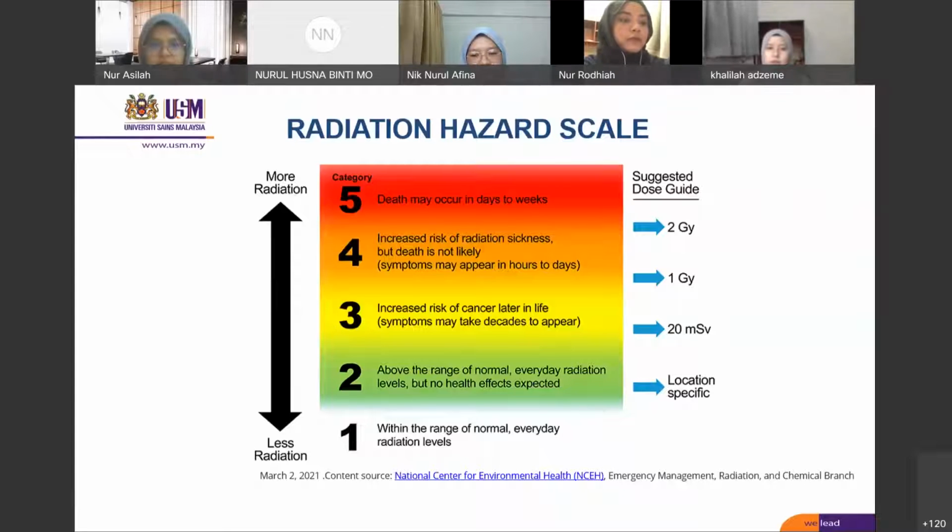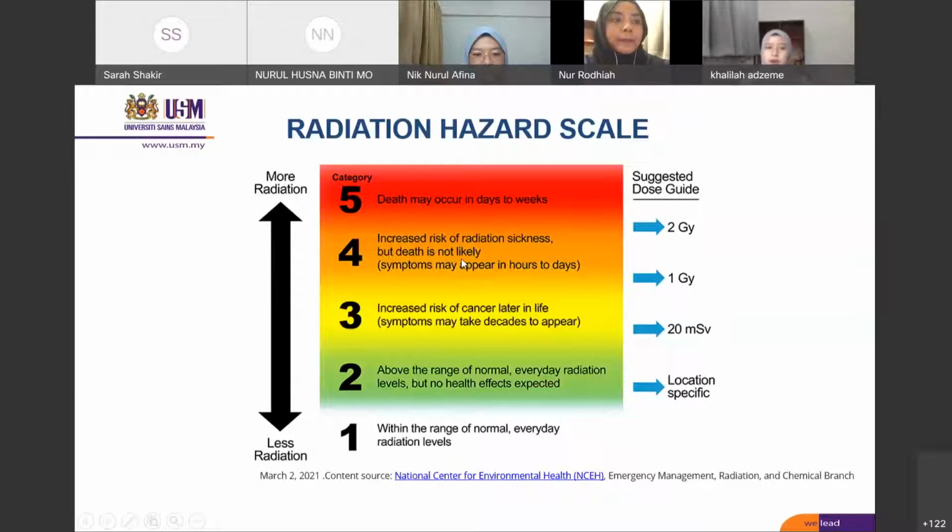And the fourth category means that the radiation dose is dangerously high and can make people seriously ill. The radiation dose is not high enough to cause death, but one or more symptoms of radiation sickness may appear. The early symptoms may include nausea, fatigue, vomiting, and diarrhea. Symptoms such as hair loss or skin burn may appear within a week.